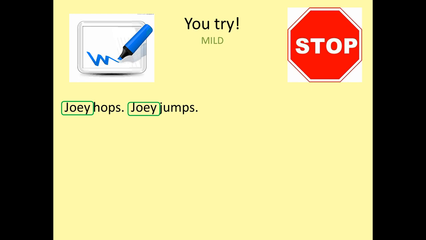Try combining these two sentences into one. Hit pause, hit play when you're ready to hear the answer. Because Joey both hops and jumps, the answer would be Joey hops and jumps. We combined those two verbs using the word and.